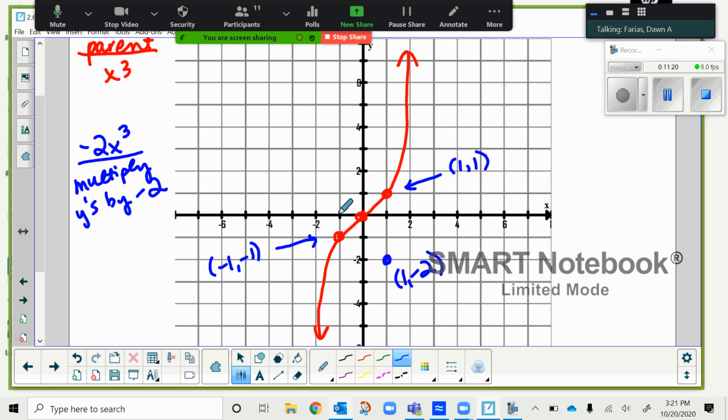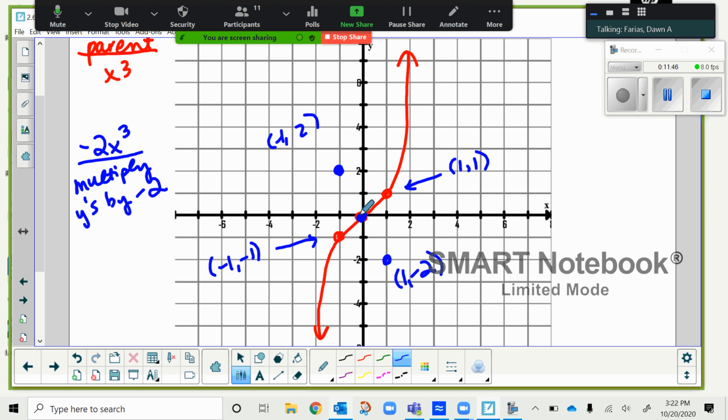So my X stays the same, but my Y becomes +2. And then the 0, 0 point doesn't change, because you can multiply 0 by -2 and it's still just 0.